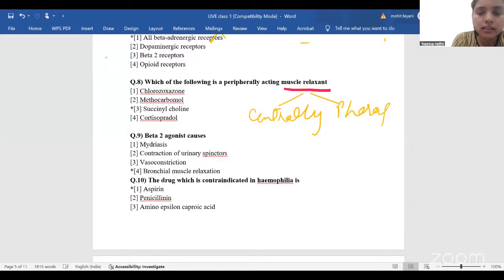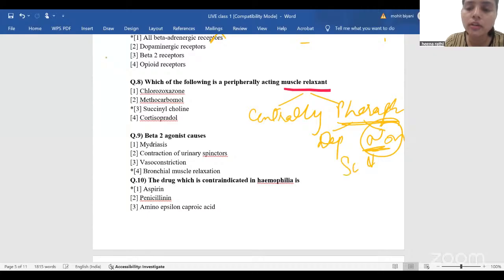Centrally acting include benzodiazepines, mephenesin, chlorzoxazone, and carisoprodol. Peripherally acting are depolarizing and non-depolarizing. The succinylcholine is a skeletal muscle relaxant which is most commonly used in the surgeries.